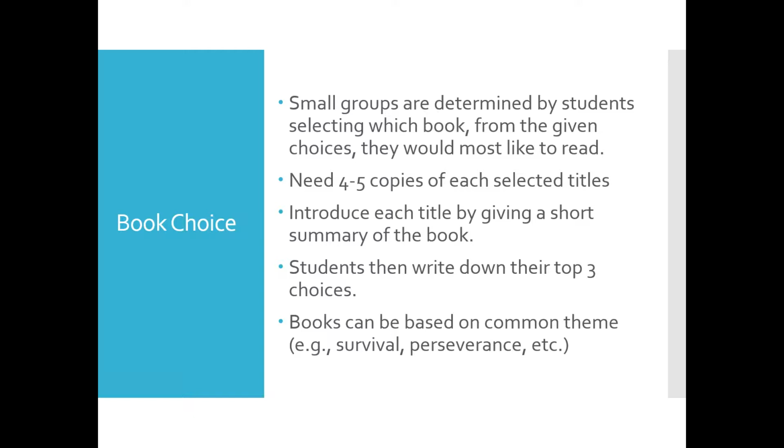So you want to make sure that your students think about the top 3 choices that they have out of the books that you're offering, so that if they don't get their first choice, they still get one of their choices, hopefully. You'll need multiple copies of each book so that if you have a literature circle of 4 or 5 kids and they're all reading the same book, then you need to have a book available for each of them.